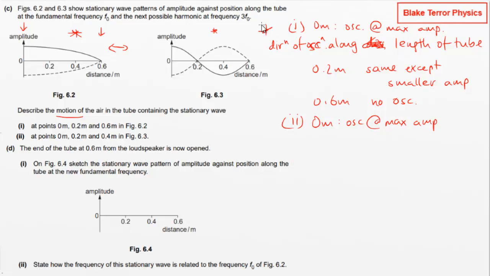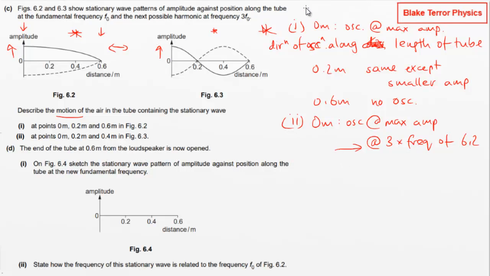We've got the same as what we said here, except we're also going to put at 3 times the frequency of figure 6.2. So otherwise it's exactly the same as we've got in the first part. They're both antinodes. So they're both oscillating the same way. They've got the same direction of oscillation, the same amplitude of oscillation. The only difference is we've got this 3 times the frequency. So that's the bit that you want to put in.